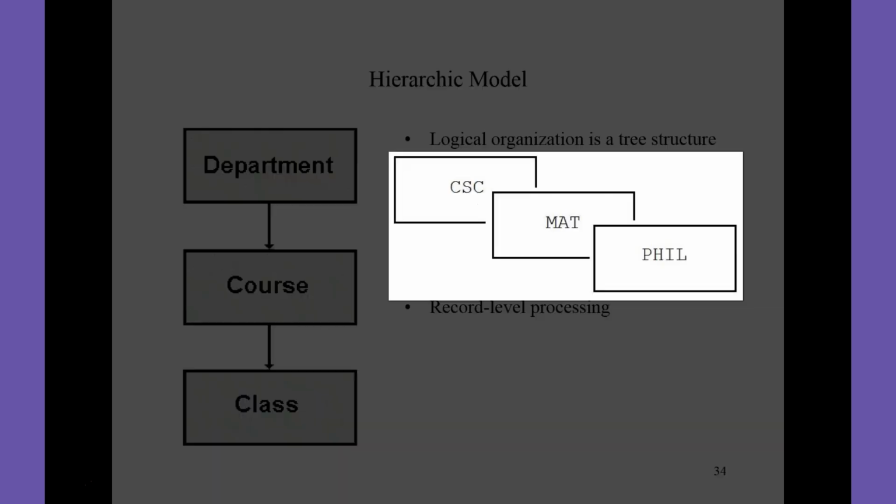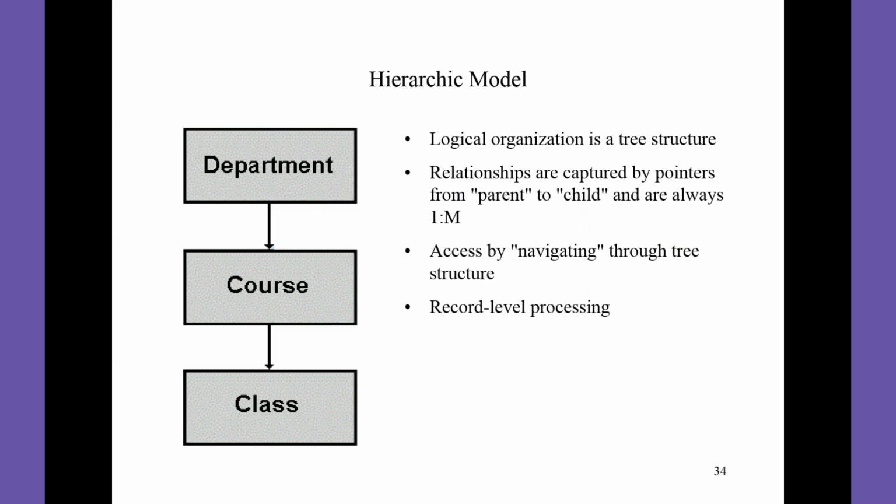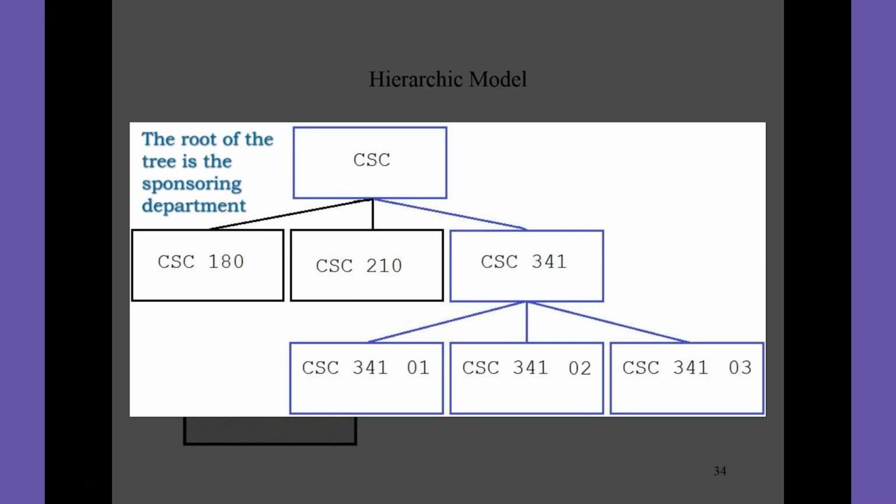Let's begin by considering department. We have said that department is the root of the tree as shown here. Because the school has many different departments, we would actually have many trees and hence many roots. Let's look at one of the roots and examine the tree. We'll pick computer science.